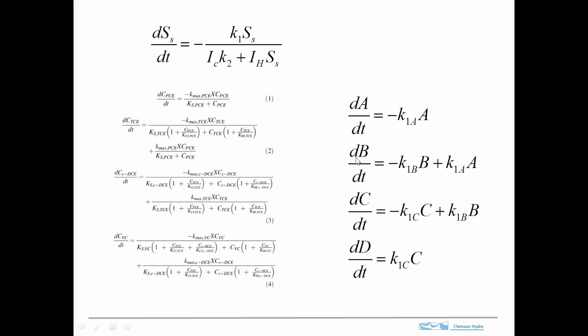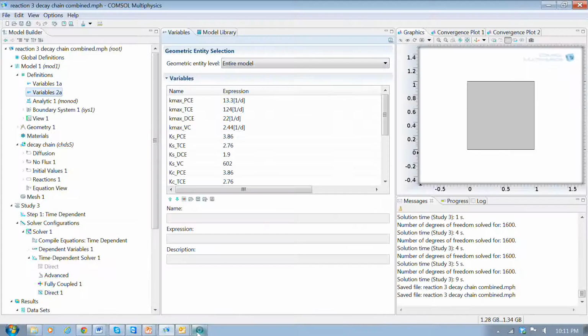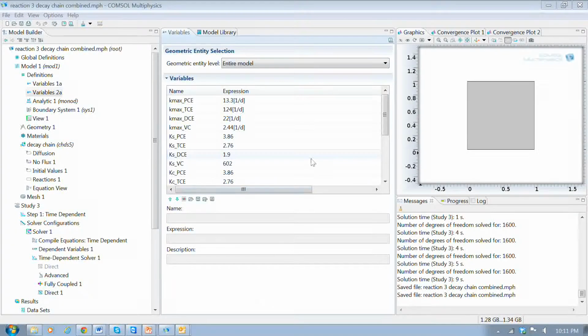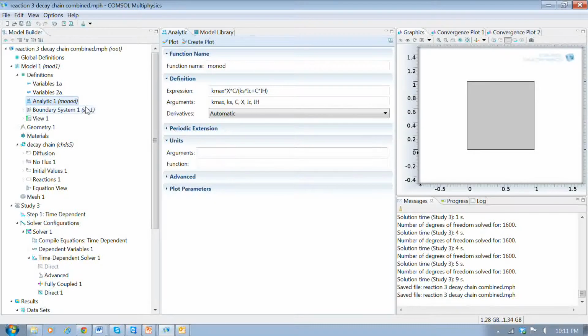Okay, so I've set this up in COMSOL, and let me show you how. So here's the model, and we'll first look at this equation. This is the Monod equation done as an analytic function.